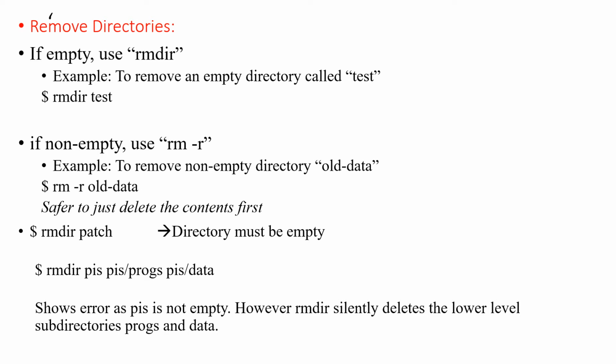One more example: rmdir -p p/prog p/data shows an error because p is not empty. However, rmdir silently deletes the lower level subdirectories prog and data because progs and data are empty directories.